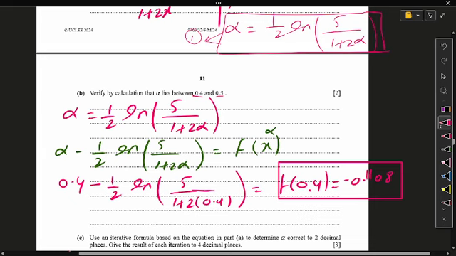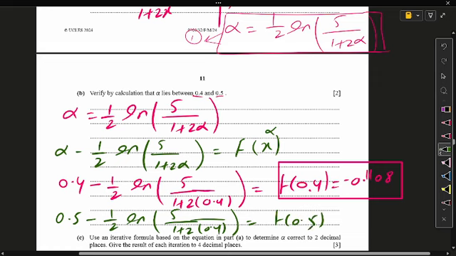For the second time you have to put the value of alpha as 0.5. So once you put 0.5, you get 0.5 minus 1 by 2 ln of 5 over 1 plus 2 times 0.5, f of 0.5.